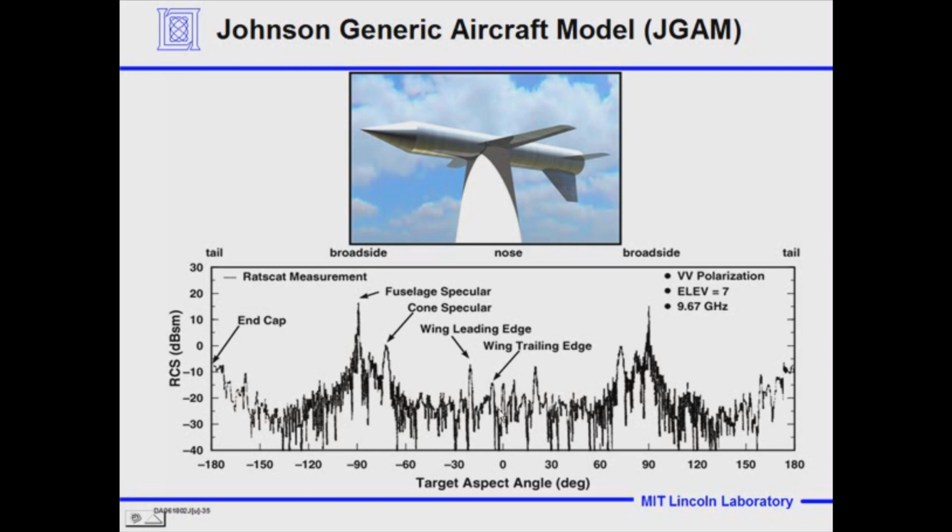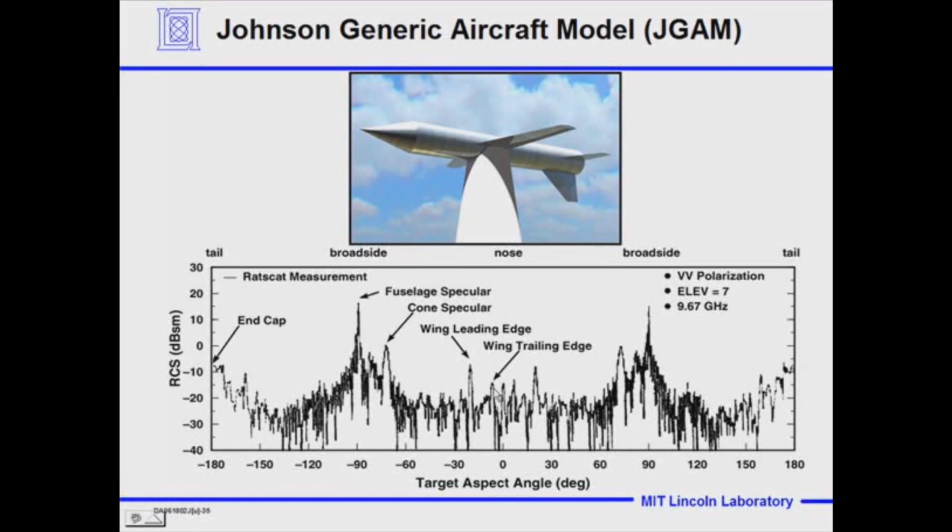And then as you sweep around, you're going to see a set of surfaces that we've talked about before. Either we've got an edge that's going to give us some cross section like those leading and trailing edge scattering, or it's going to be a broadside effect.